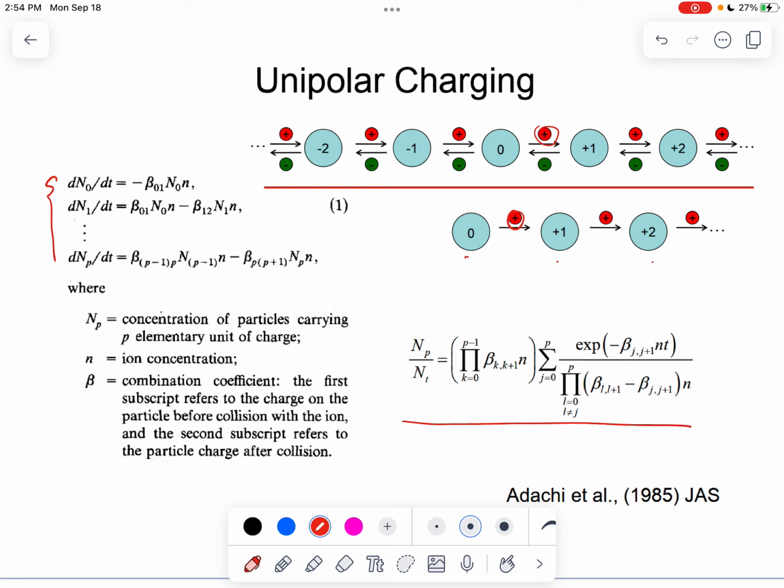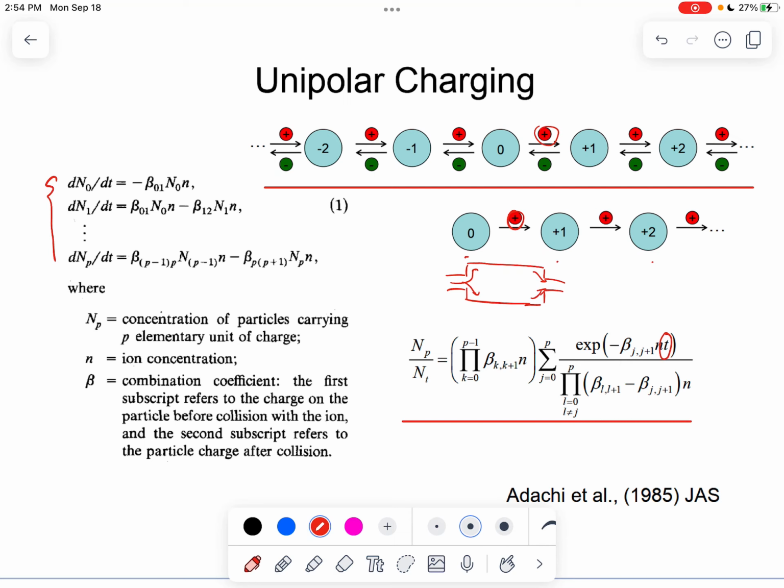Okay, so you can see, you could calculate what is the concentration of particles carrying a specific number of charges, but very importantly, you can see here it's a function of the time. So because of that, when you design the unipolar charger, you have to consider how the flow looks like.